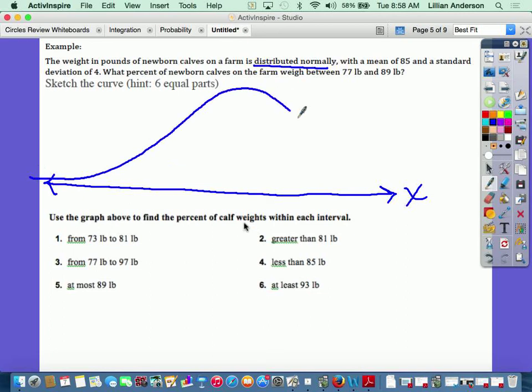Your bell curve is not going to be perfect or symmetric, but just do the best that you can, okay? And at the center, in the middle, is where your mean is. In this case, our mean is 85, all right?